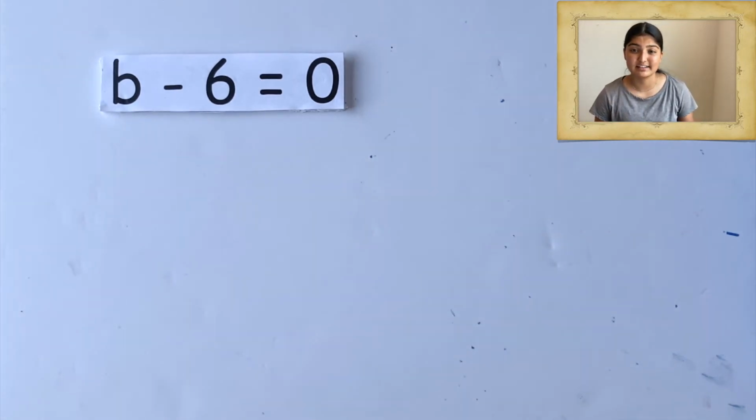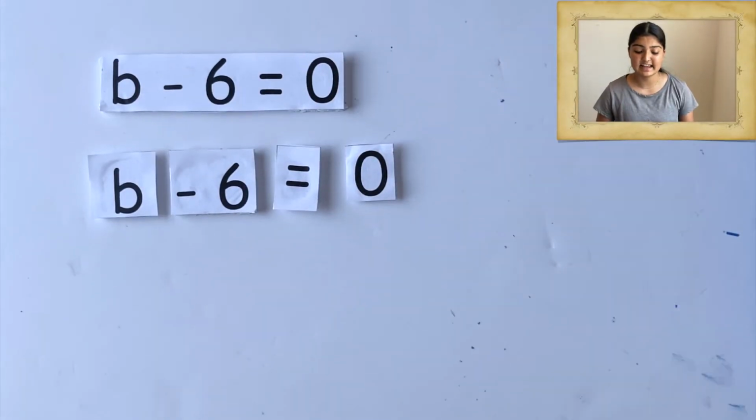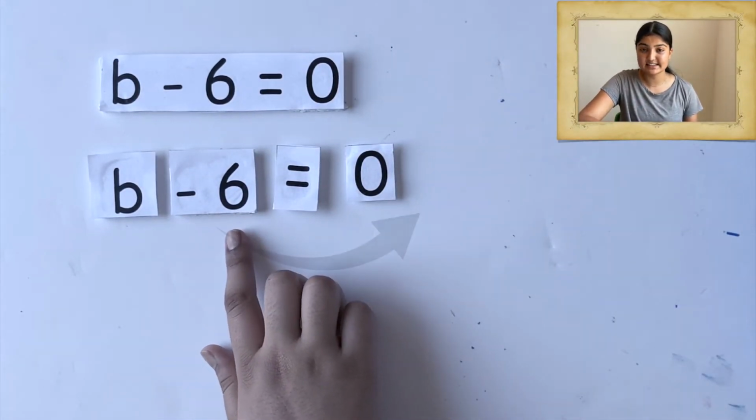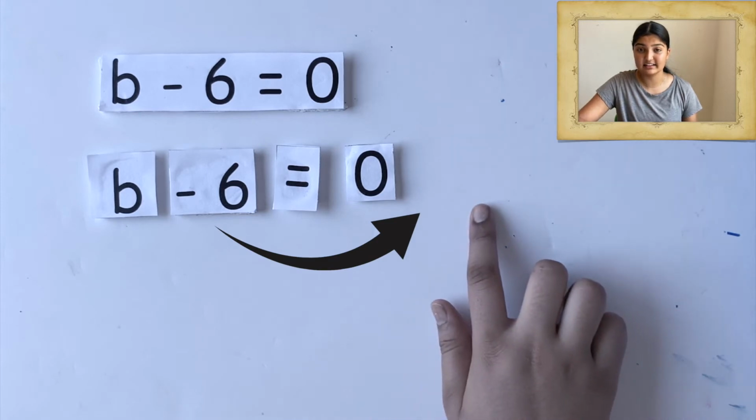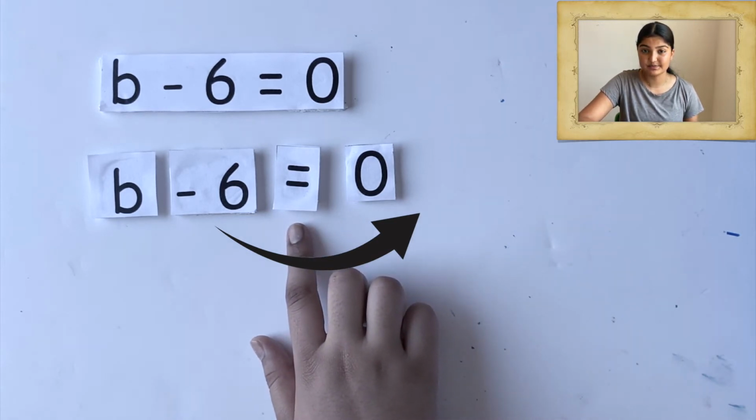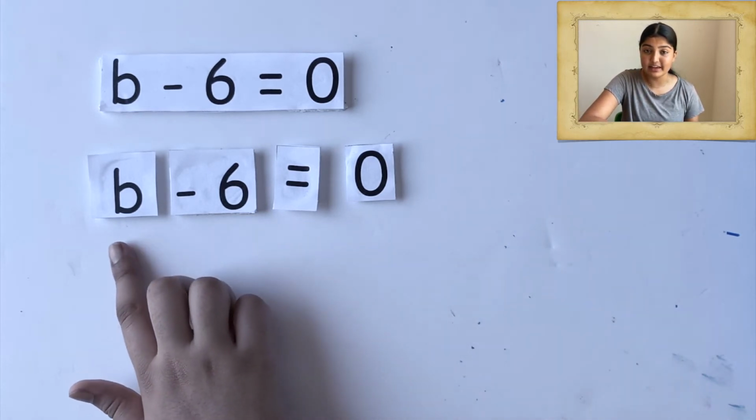So let's look at it. Let's take negative 6 to the other side of the equal sign so we can keep b alone.